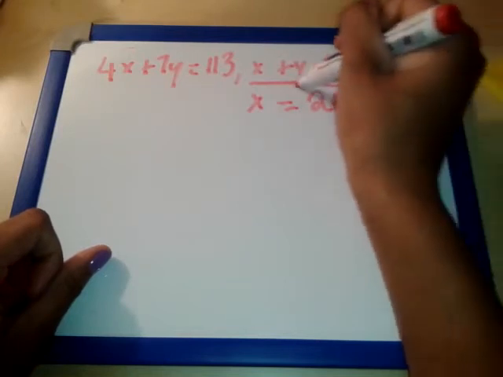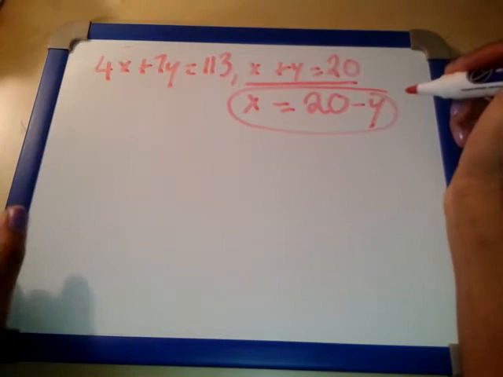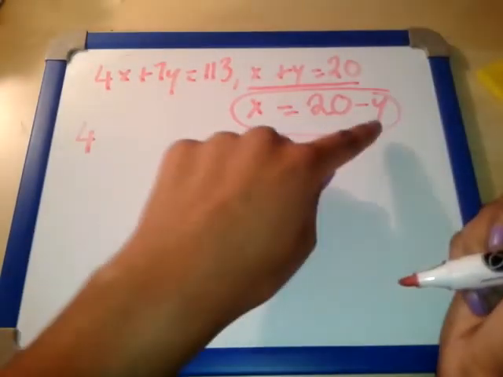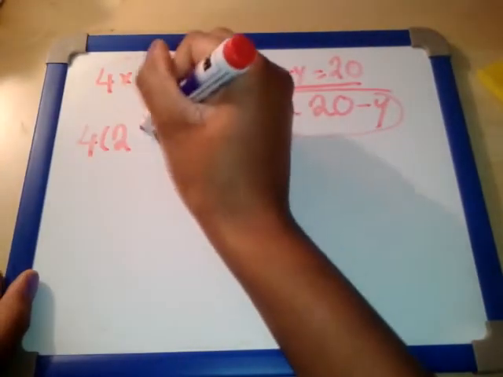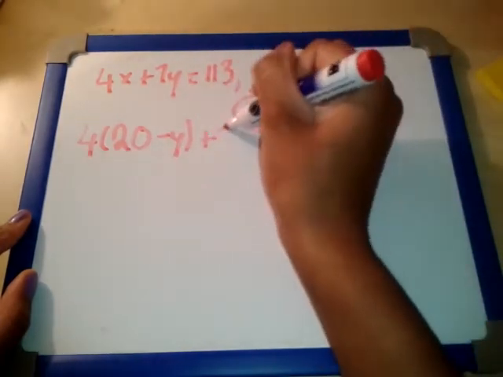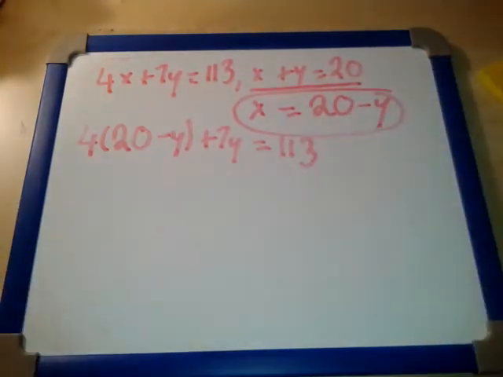And now that we have it into the form of x equals, we can put it back into the first equation. So we are going to substitute 20 minus y instead of x. 4 times 20 minus y plus 7y equals 113.